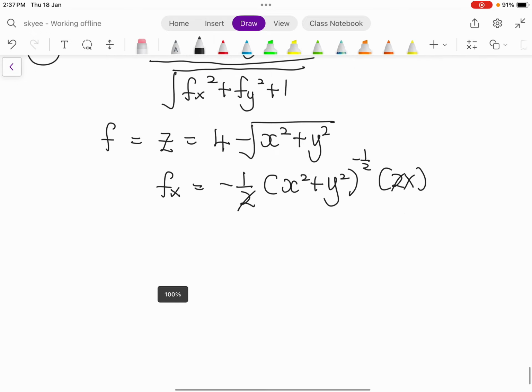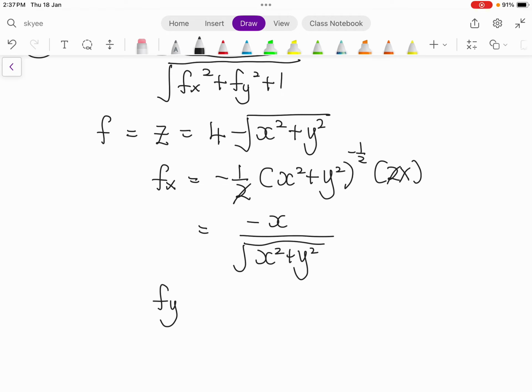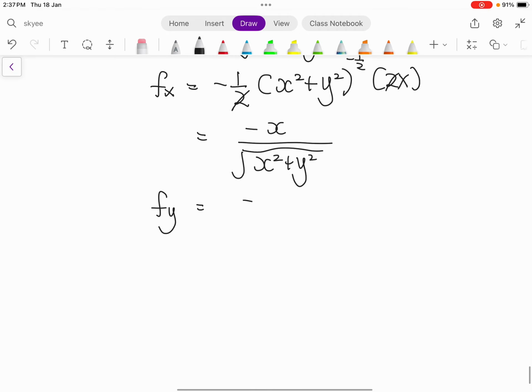You can cancel it, so you will get x over the square root of x squared plus y squared, with a negative. The fy is very similar.